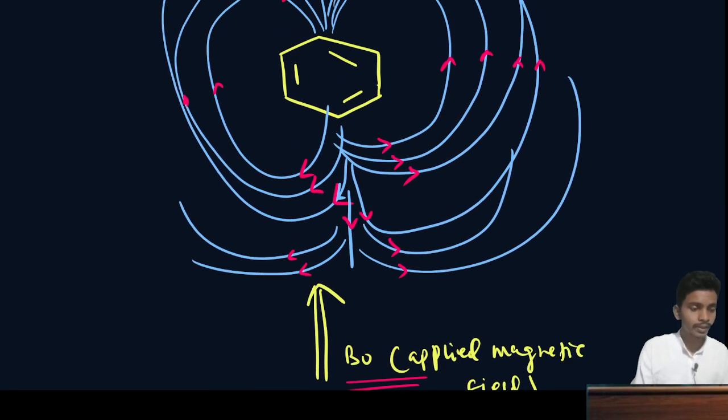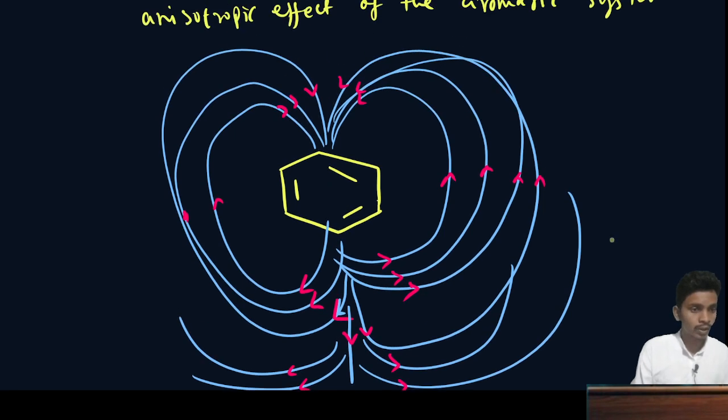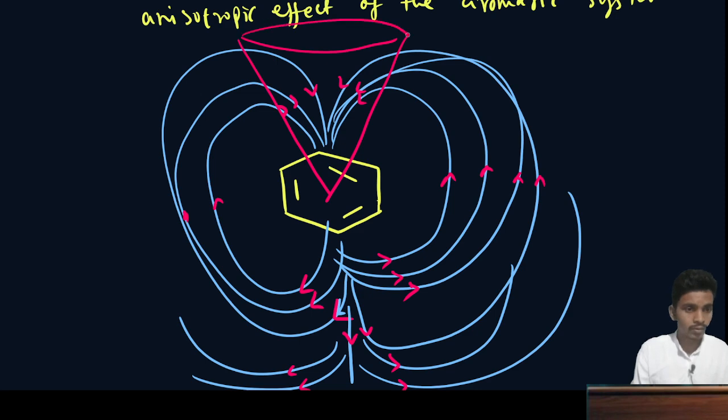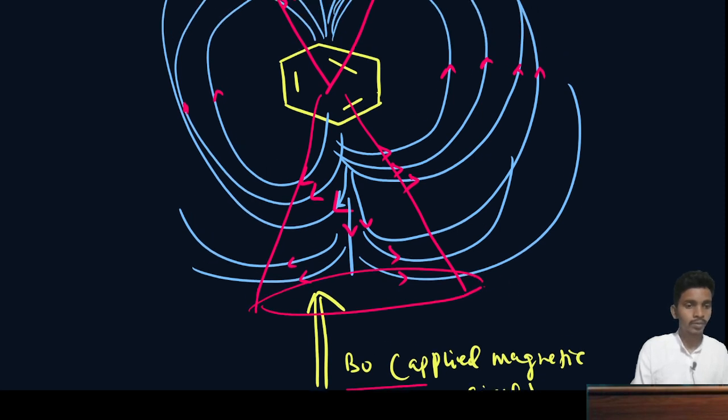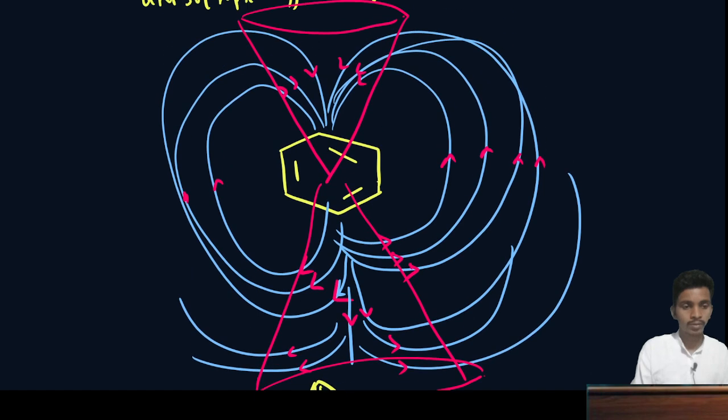So what we see here is that if you draw a cone here, let's say inside this cone, and here also if you draw a cone. Sorry, this is the wrong structure. That benzene ring should not be this structure.